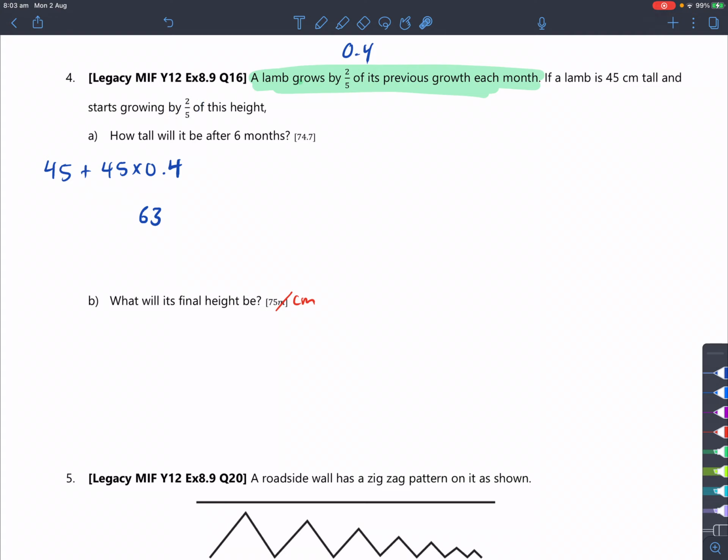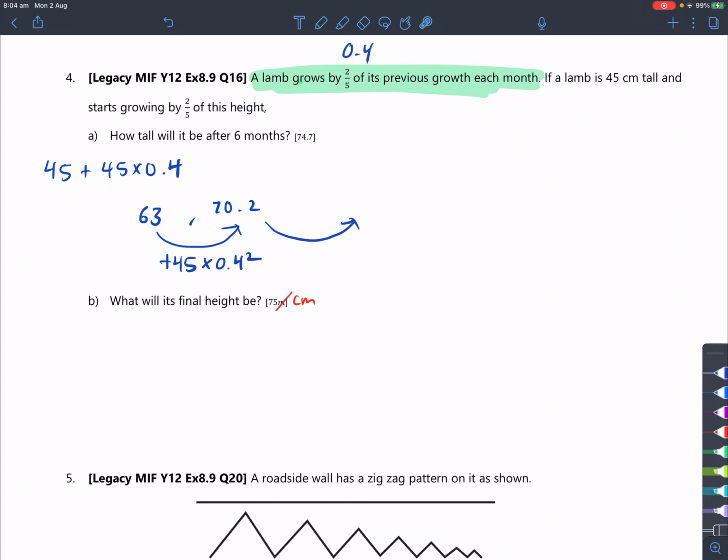Now, previously it grew by this much. If we're going to grow the lamb by 2/5 of this, which is the previous growth, we're going to times this by 0.4 again. Okay, meaning that we're going to add 45 times 0.4 squared, and that will get us 70.2.